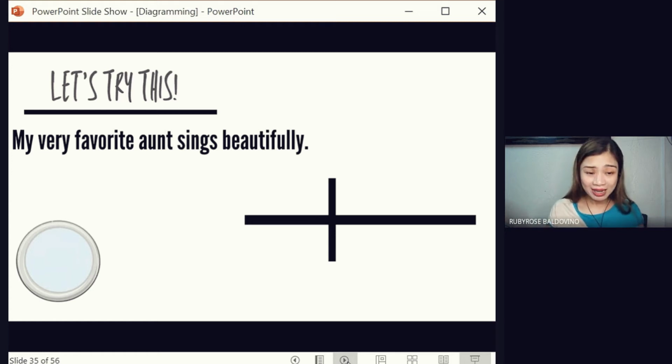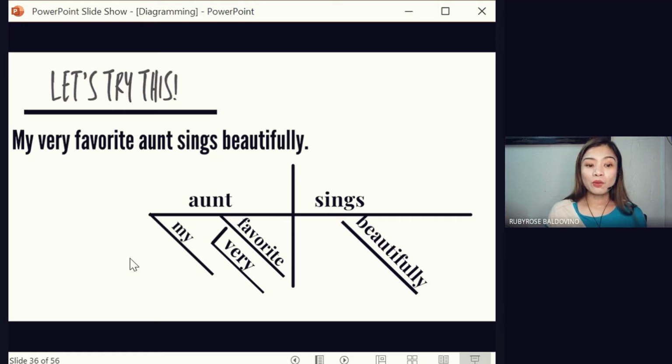So the subject is aunt and the verb is sings. Now we have the pronoun my, pertaining to, of course, the aunt or the subject. And then we have the adjective favorite, because we're not just talking about any other aunt, but it's our very favorite aunt. So favorite is an adjective. So we have to place it under the word aunt because favorite describes the word aunt.